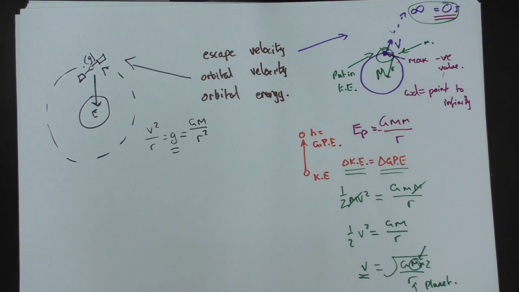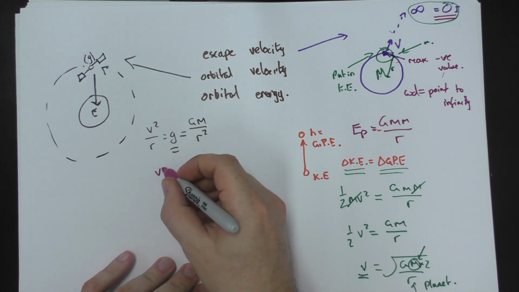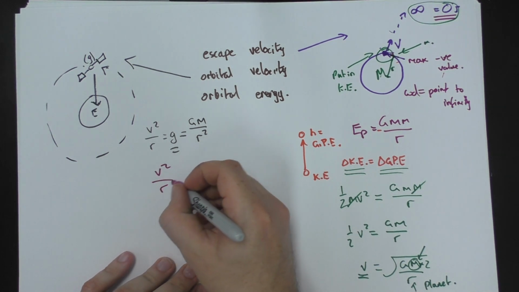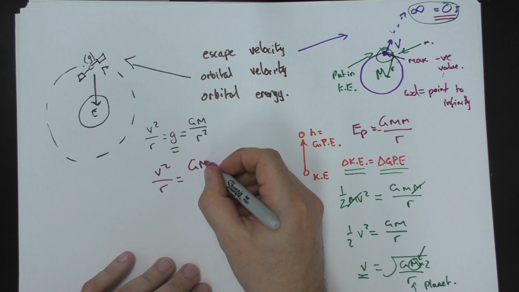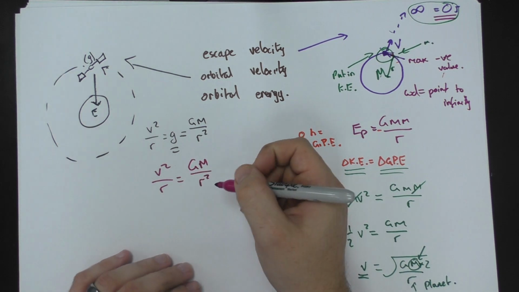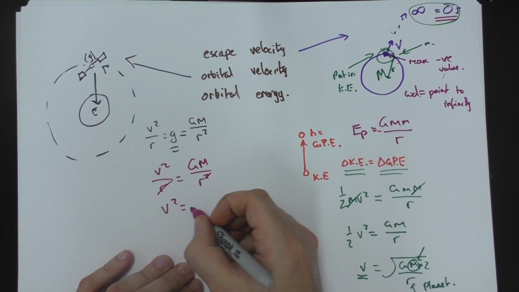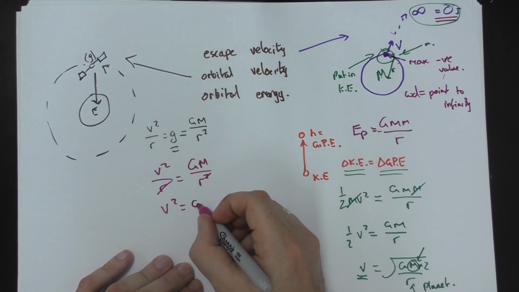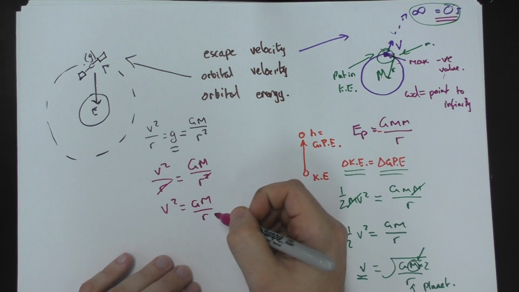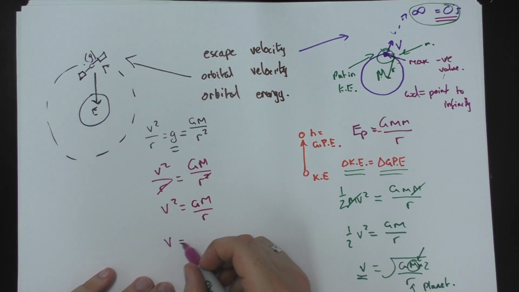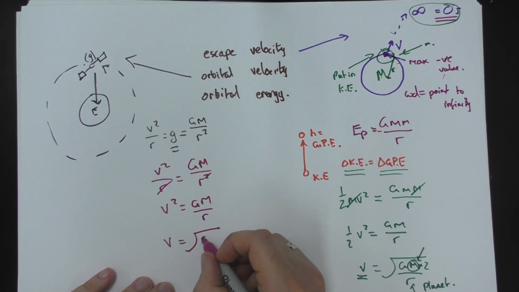And so we can actually set these as equal to each other. v squared over r is equal to GM over r squared. Now obviously, hopefully you can see that we can cancel these, and we get v squared is equal to GM over r, and then that leads us to v is equal to the square root of GM over r.